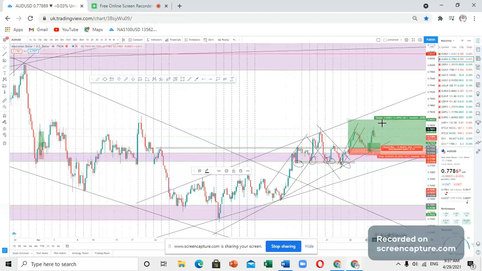Then the markets started moving to the upside. You can see that this is a kind of region of resistance in this position. But hopefully the markets are not going to move to the downside. They're going to move to the upside. That's what I'm hoping for on AUD USD.